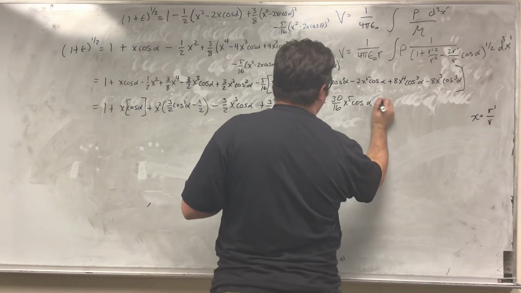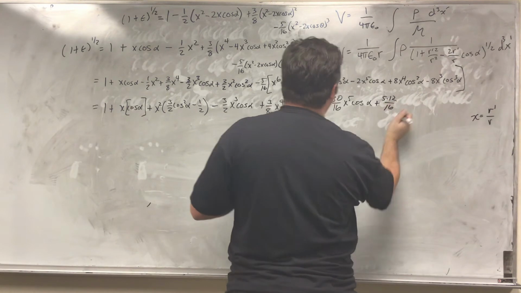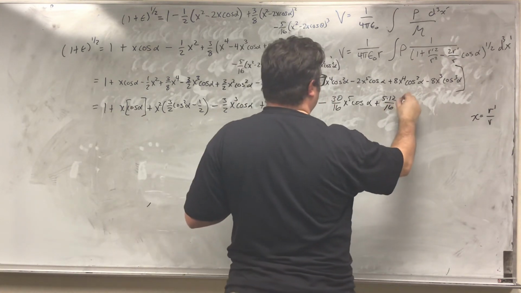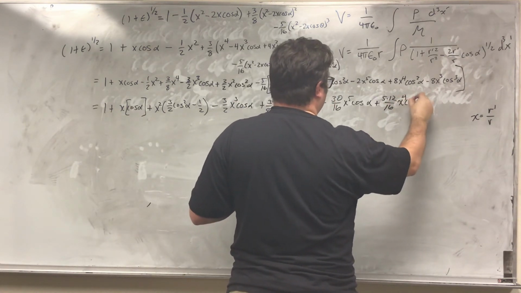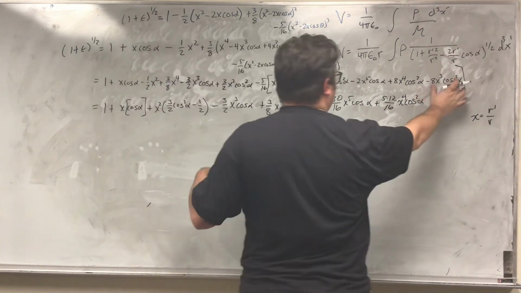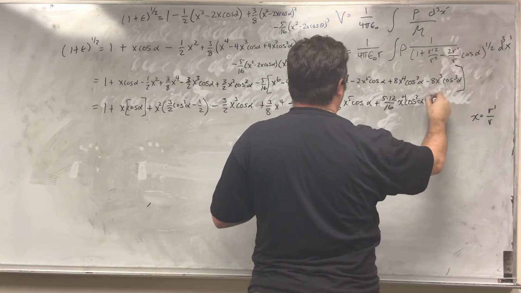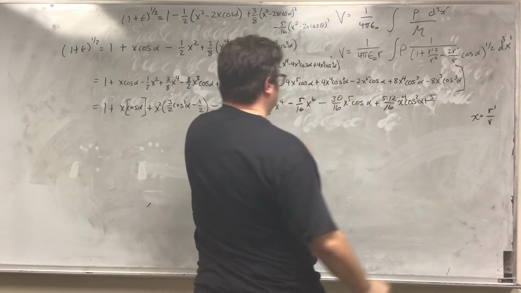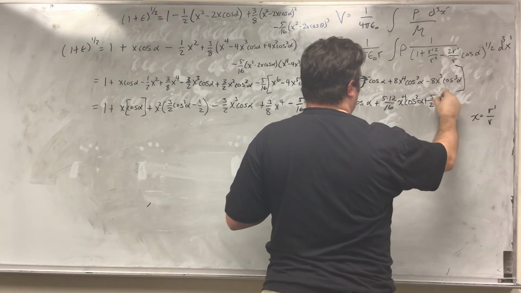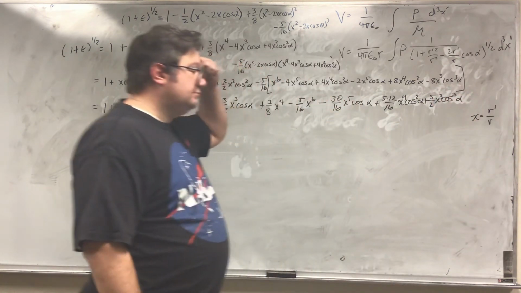So that's going to give me plus 5 times 12 divided by 16, x to the fourth cosine squared alpha. And of course I have the final term here, which is going to be plus 5/2 x cubed cosine cubed alpha.